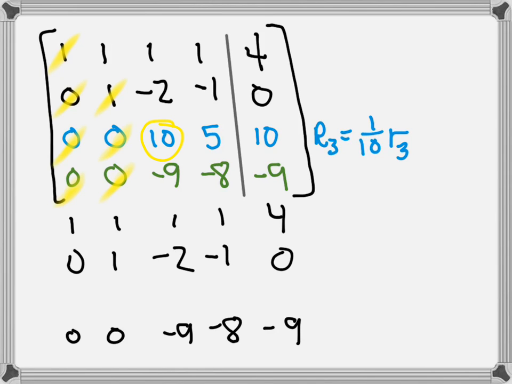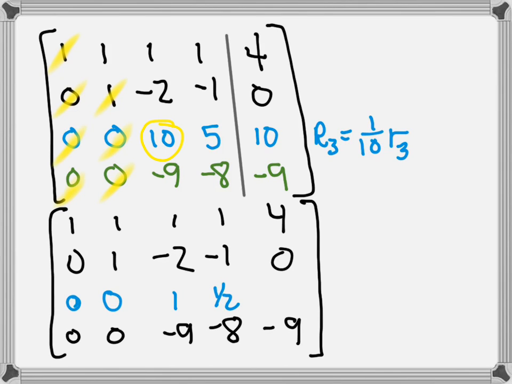And my new row 3 will be 1/10 times 0, which is 0. 1/10 times 0, which is 0 as well. 1/10 times 10 creates the 1 that we want. 1/10 times 5 is 1/2. And 1/10 times 10 is 1. So this is our resulting matrix.